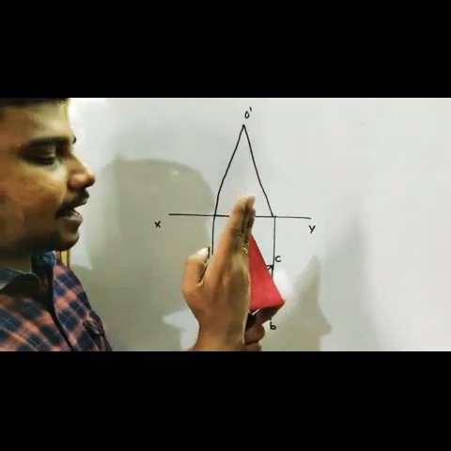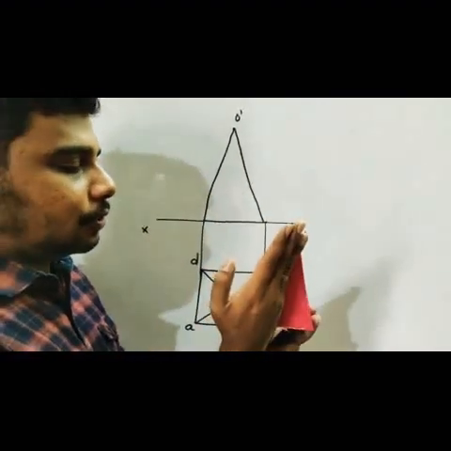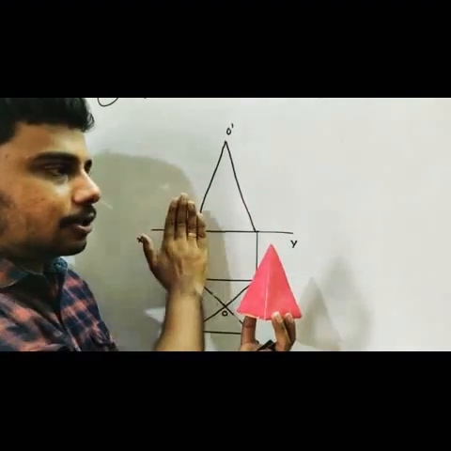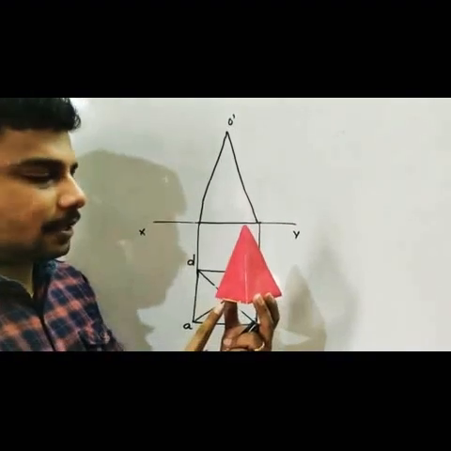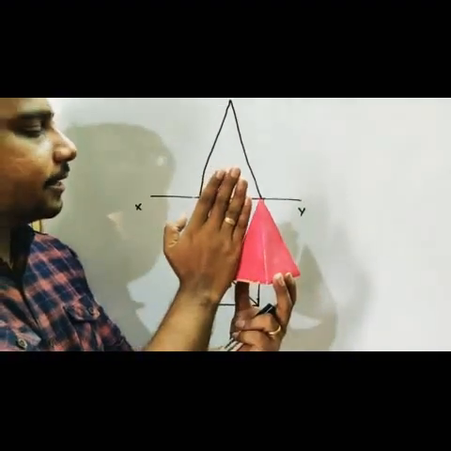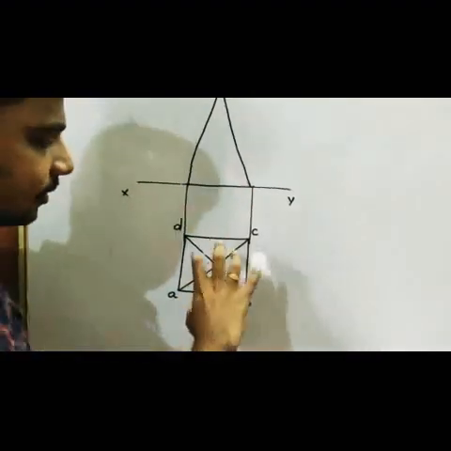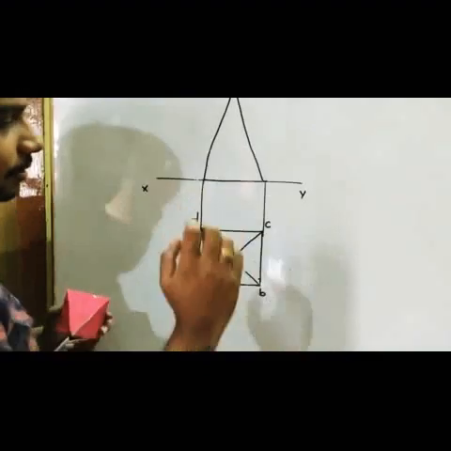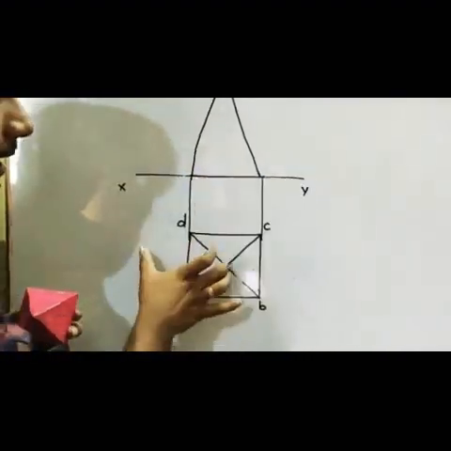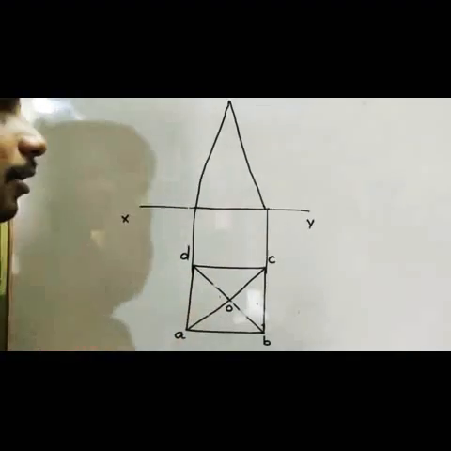This slant edge will give the true length when it is kept parallel to your vertical plane, right? Which means it will give you the true length when it is parallel to your vertical plane, or you can call it when you view it from the top view and it is parallel to your XY line, that case will give you the true length, otherwise it will not.